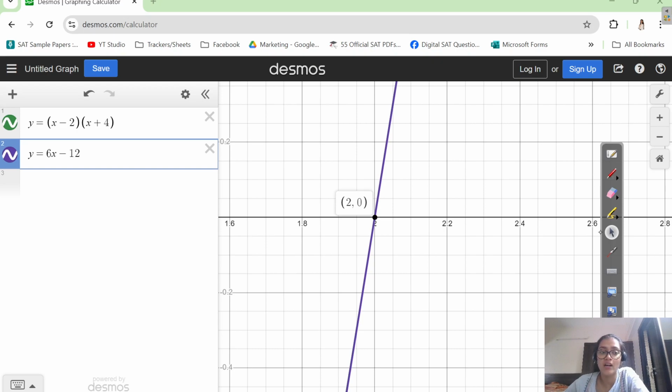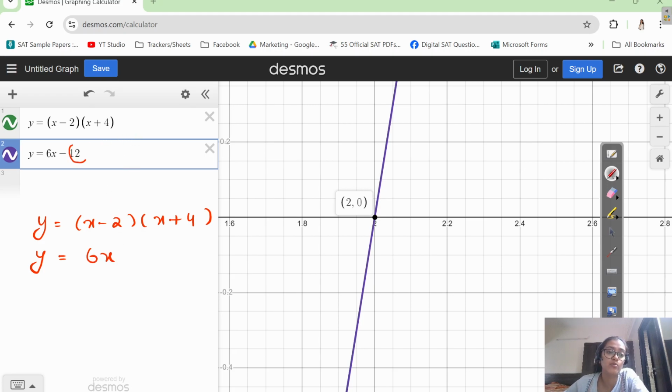Now there are some other type of questions in which you don't have to solve the system of equations, but it will be given to you that the system of equations has just one solution, or maybe the graphs of both the equations intersect at just one point, and they will remove one number.